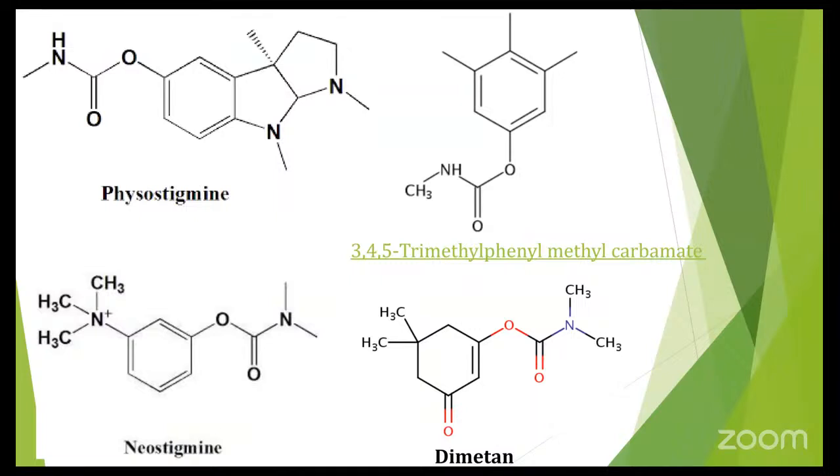During the same time, the miotic and cholinergic properties of physostigmine were discovered. The molecular structure was established. Physostigmine is derived from the calabar beans, Physostigma venenosum, used in witchcraft.